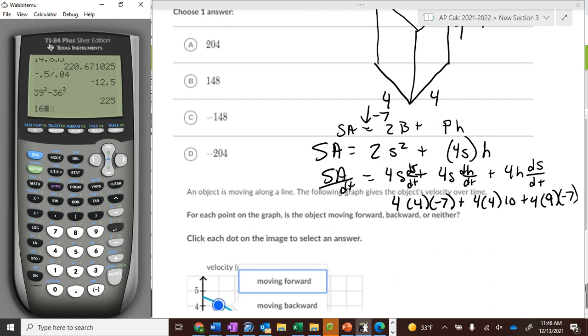So it's 16 times negative 7 plus 16 times 10 plus 36 times negative 7, which is negative 204.